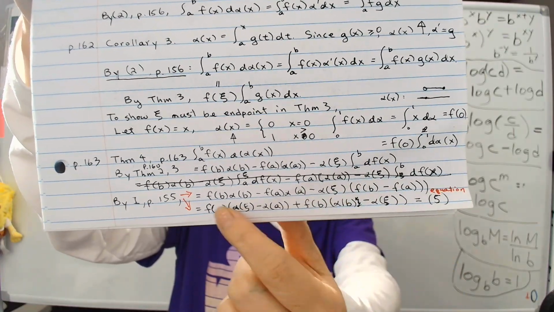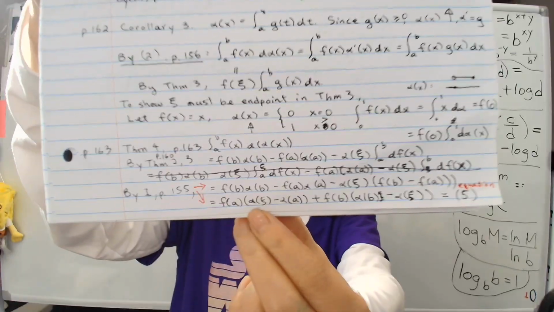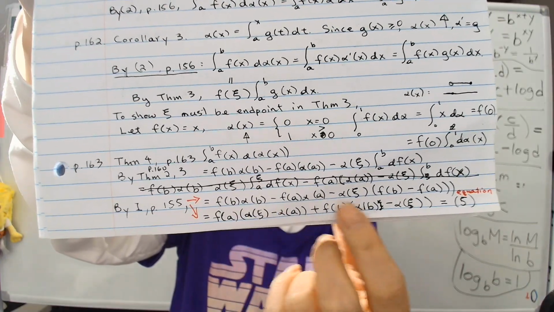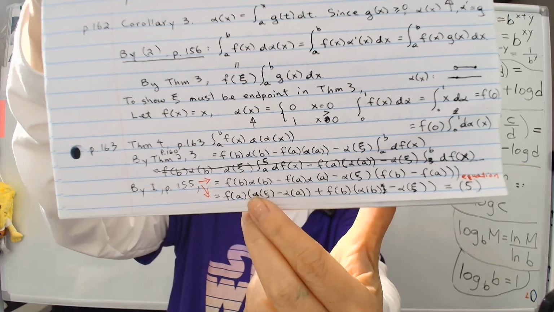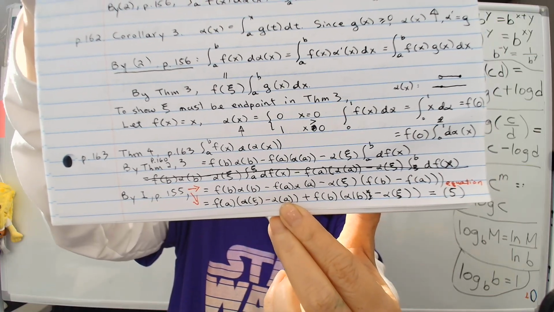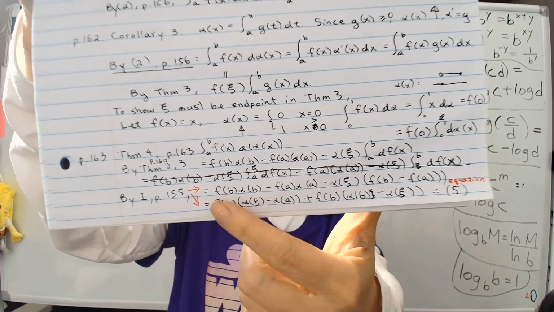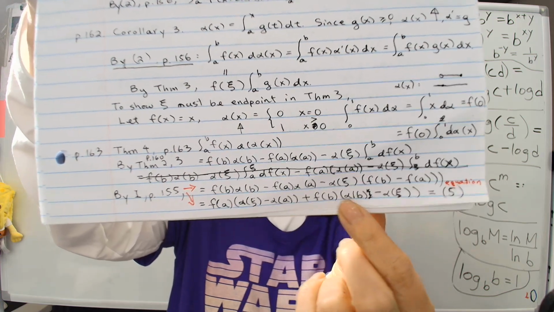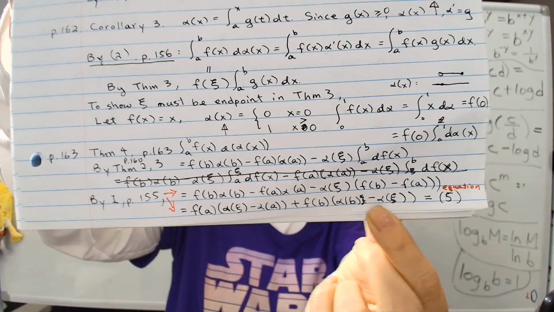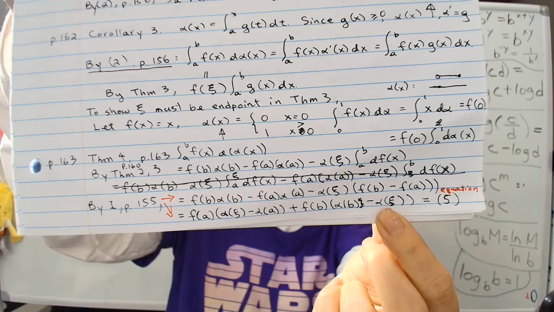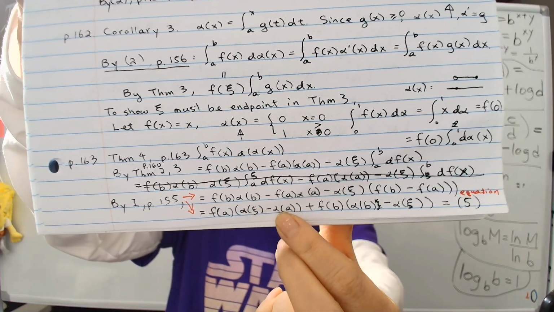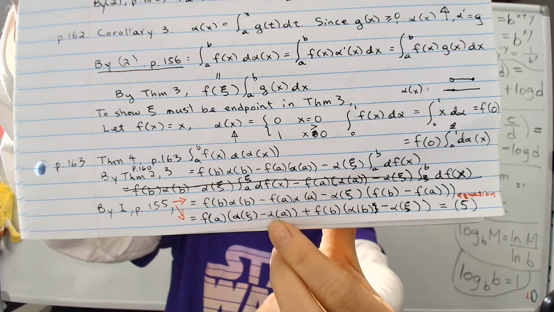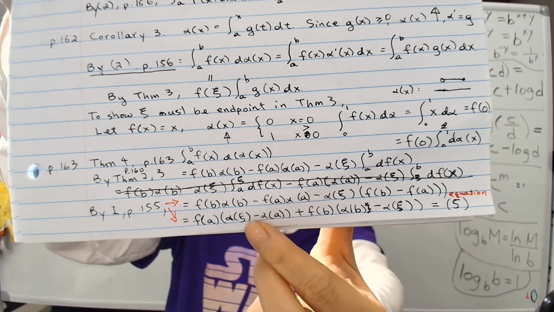So I wrote down all the other stuff, and then we do some basic algebra. Round up the terms f a here, and we end up with alpha psi minus alpha a. And round up the terms f b here, and that ends up being f b times alpha b minus alpha psi. Now, again by condition 1, alpha psi minus alpha a is the same as the integral of 1 from a to psi.